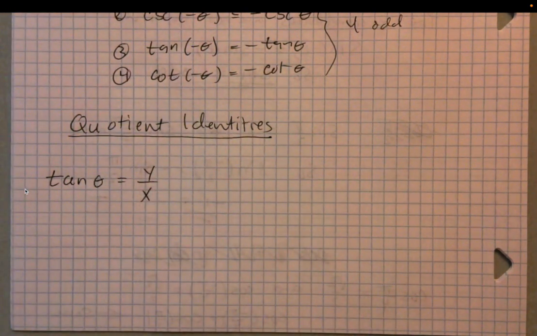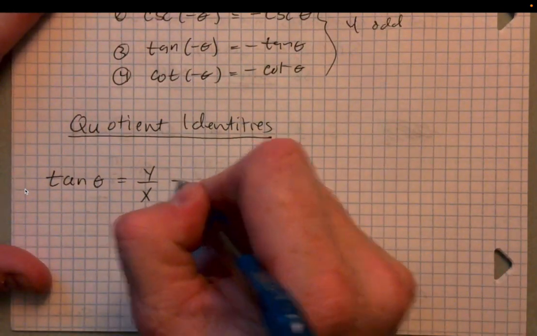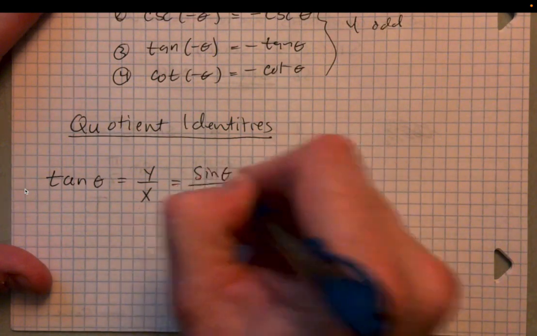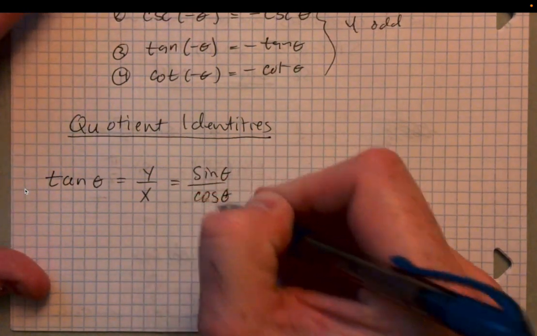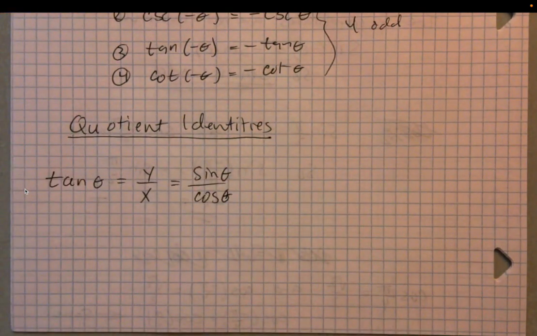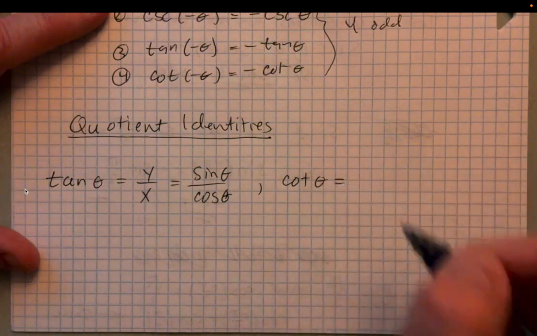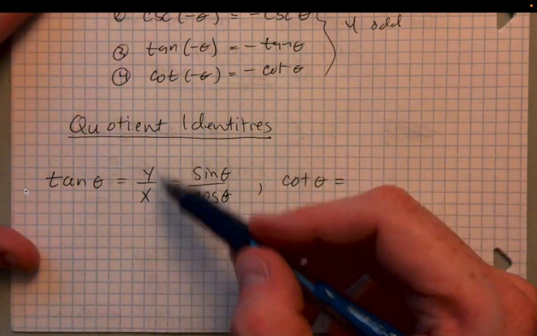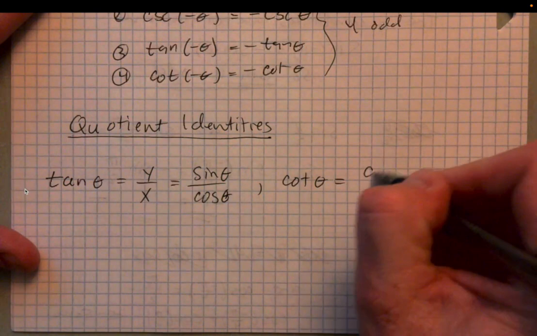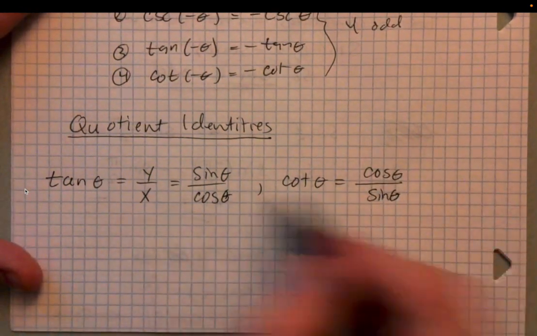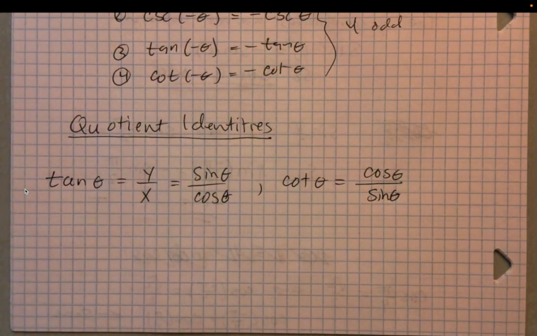Right, and we know that y is equal to the sine and x is equal to the cosine, and so the tangent of theta is equal to the sine of theta divided by the cosine of theta. Okay, so this is one of the quotient identities. The other one is the cotangent, and it's just the reverse, right? So cotangent is x over y, and so it's equal to the cosine of theta divided by the sine of theta.